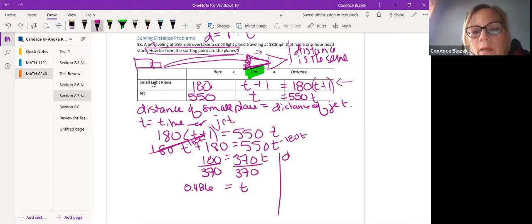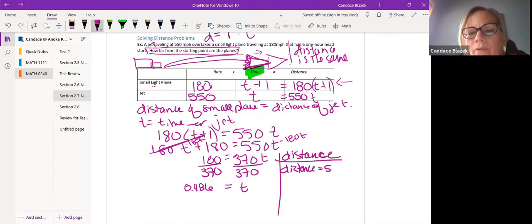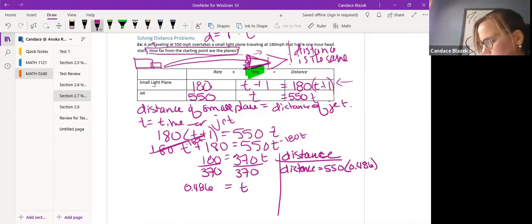So the distance that we have, we are going to take the time, is equal to 550 times 0.486. And we'll just go to the hundredths.